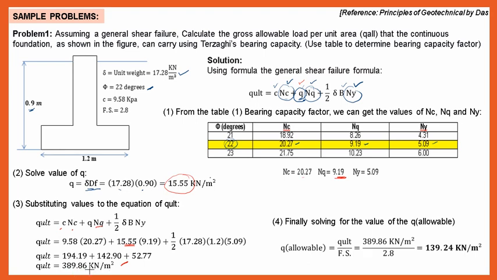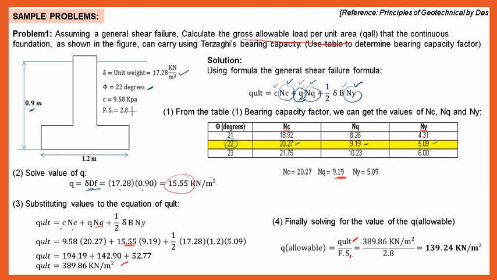But this is not what is being asked in our problem. What is being asked is the gross allowable load per unit area. So, to solve for the allowable bearing capacity, that is equal to the ultimate bearing capacity over the factor of safety.